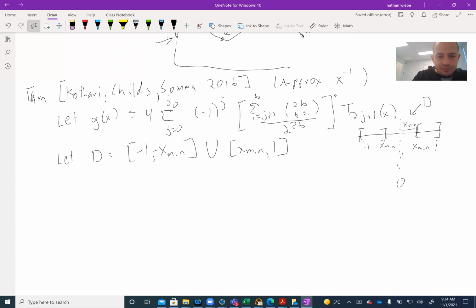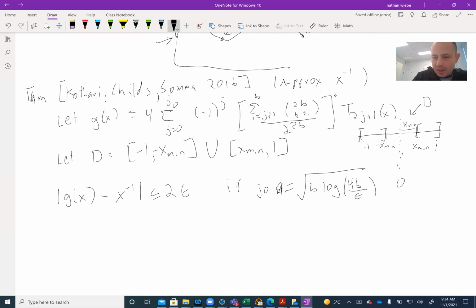Now, if we have this, then because we've padded ourselves away from this, we can have that the absolute value of this minus the true inverse on this interval is less than or equal to 2 epsilon if J naught is less than or equal to square root of b log 4b over epsilon, and b equals x min minus 2 log of 1 over x min epsilon squared.